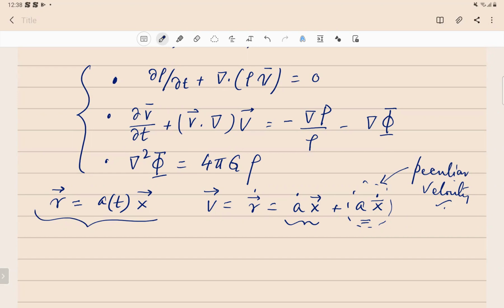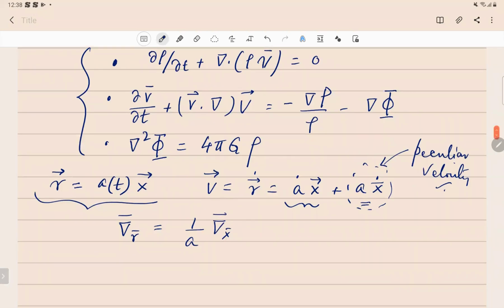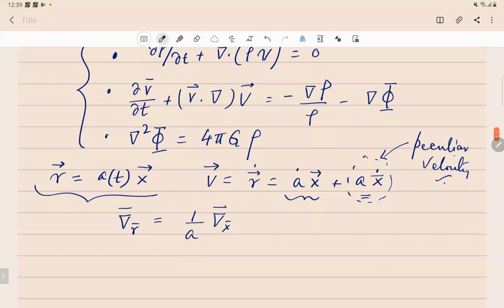And so that is very simple. So this gradient with respect to r, this is basically 1 by a, because every coordinate gets scaled by a, times gradient with respect to x. And I'm going to drop this x suffix very soon because we'll be only working in these x coordinates.